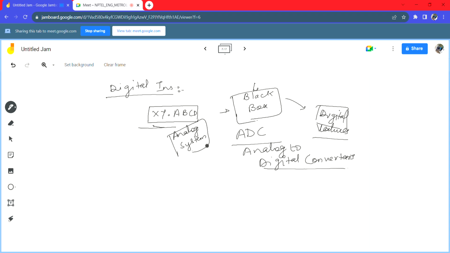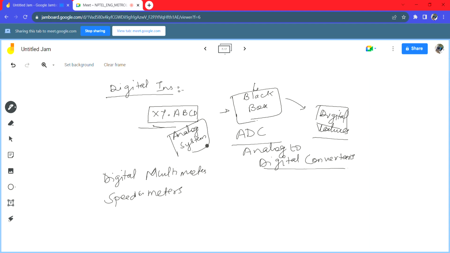So the most common type of devices that we go through these days are the digital multimeters, the speedometers in the new cars that you see come up with these digital scales wherein you see the value to be 120 kilometers per hour or 110 kilometers per hour or 60 kilometers per hour.